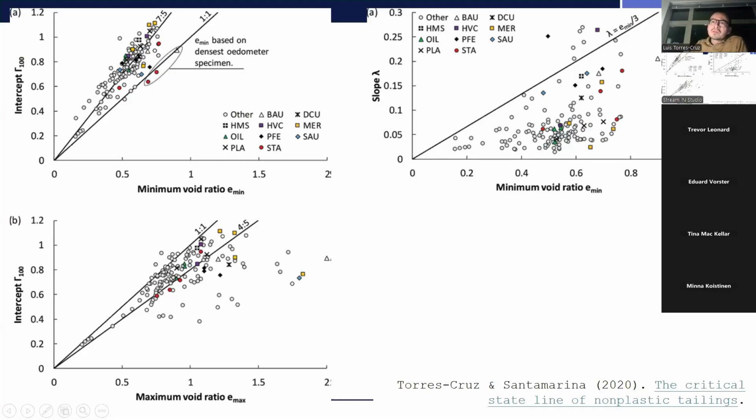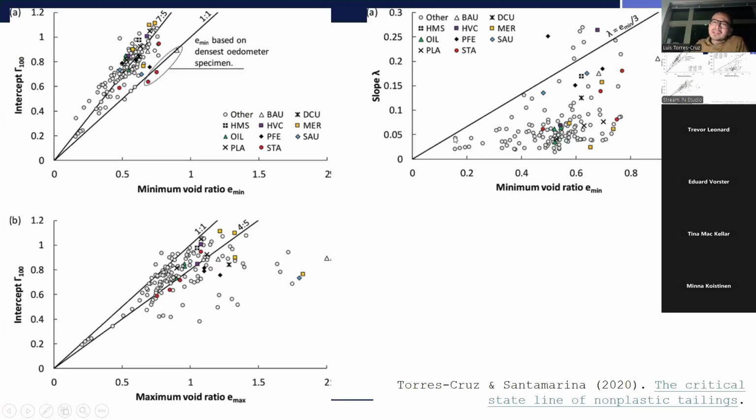And over here, this is now the correlation between the slope lambda and the minimum void ratio. There is much scatter, and I am suggesting this line saying that lambda is equal to e_min divided by 3.